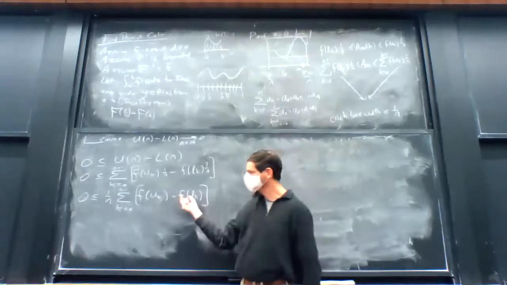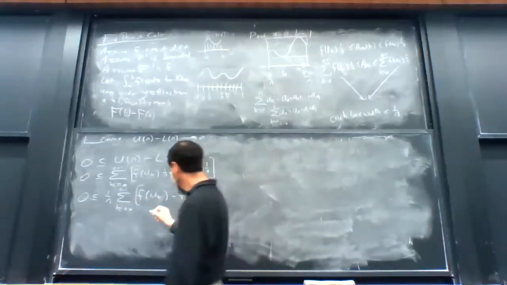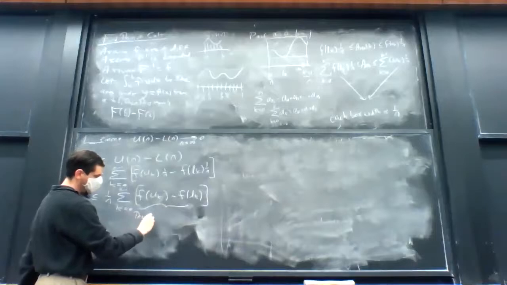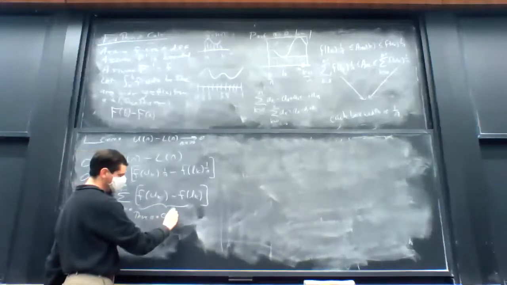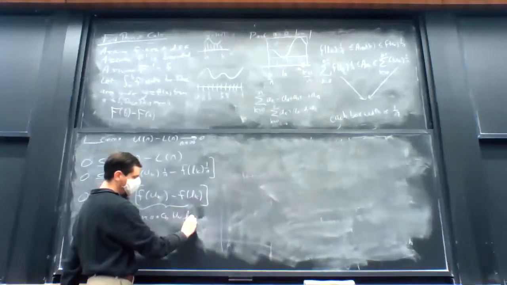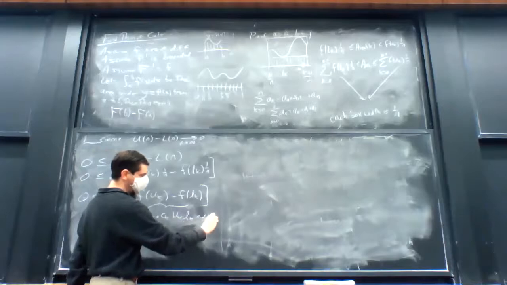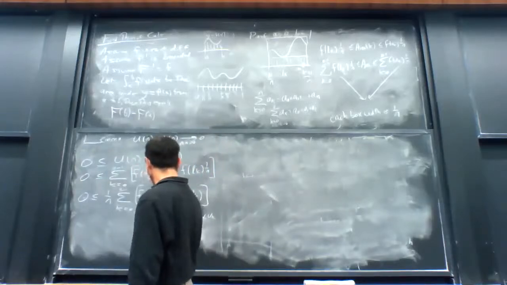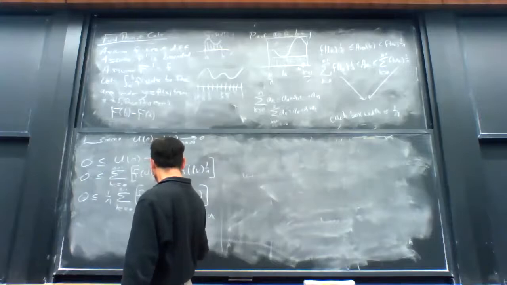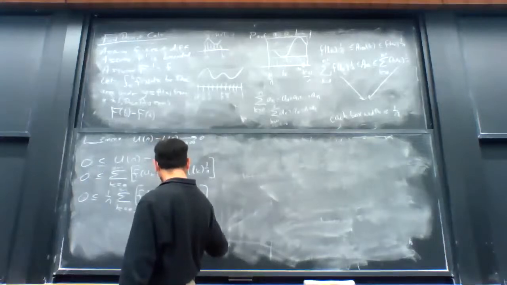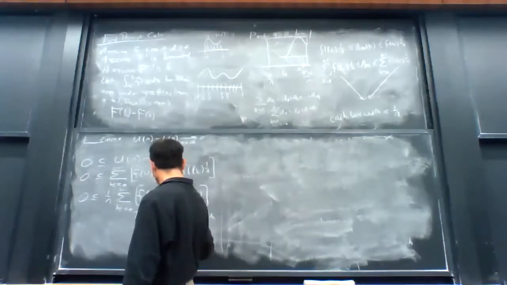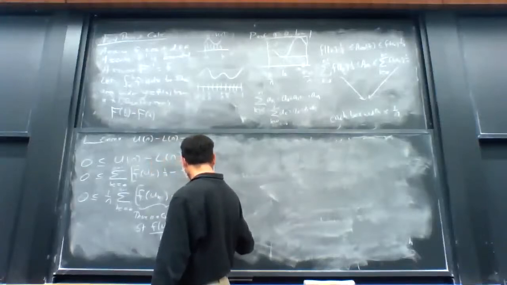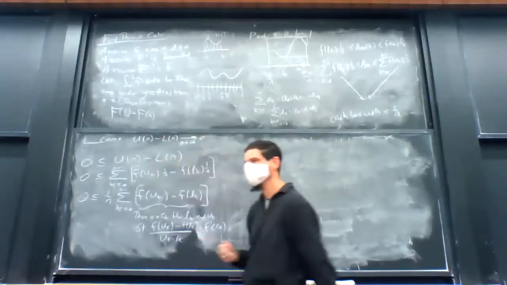So by the mean value theorem, there is a ck between lk and uk such that f of uk minus f of lk over uk minus lk equals f prime of ck.